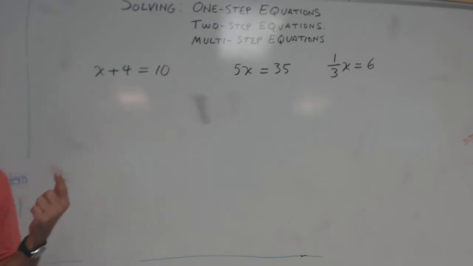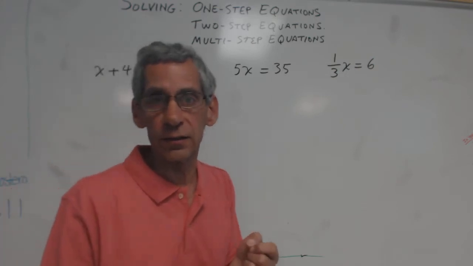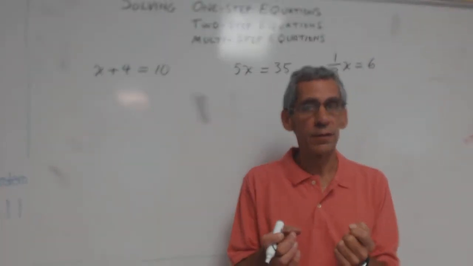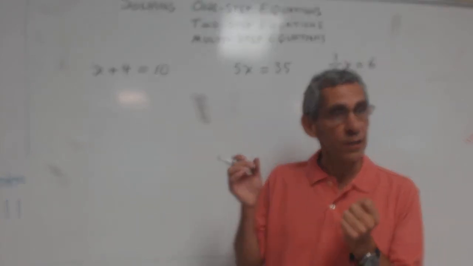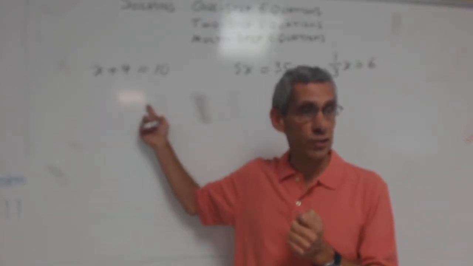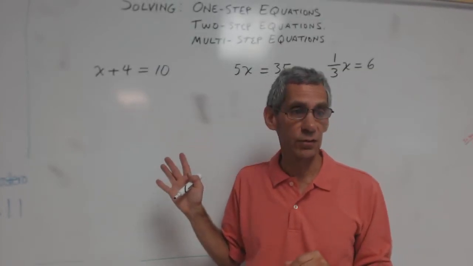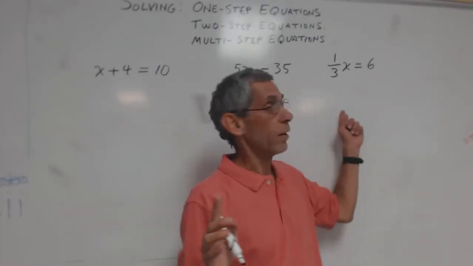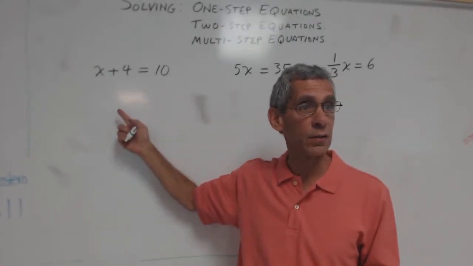But what I'm trying to teach you is a process. Most of you already know it, but if you don't, that's fine. You're going to learn it really fast. The process is what's important, because these are simple. I'm showing you the process on the simple ones where you already know the answers, right? You might not know the answer to that one, but you definitely know the answer to these two. I would think everybody does.